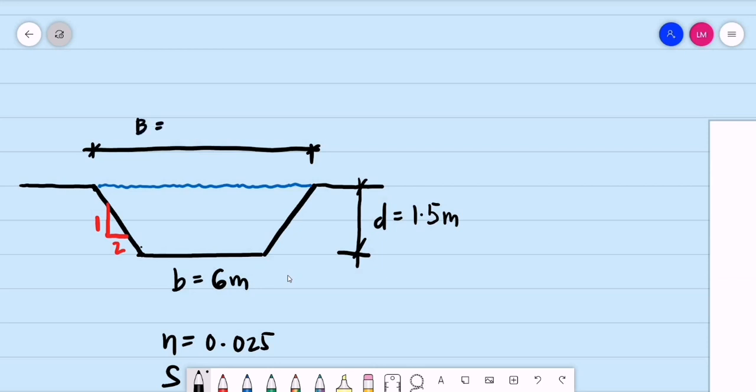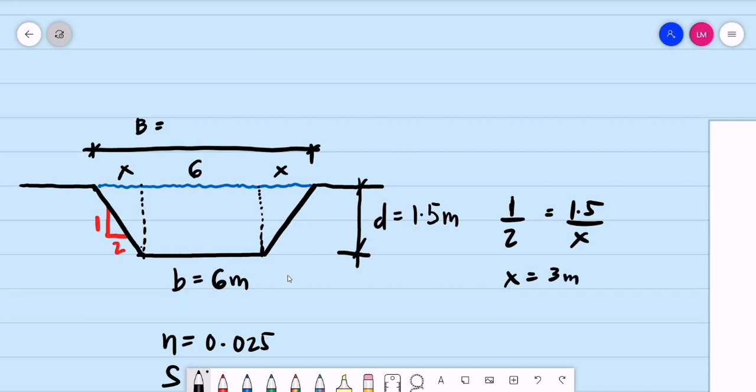So we need this value. Let's say this is B. If we project this distance from the bottom of the open channel, this is the same as 6. Let's say this is distance x and distance x. Using the slope, 1 vertical is to 2 horizontal, our vertical is 1.5 and our horizontal is x. So basically x is equal to 3 meters.